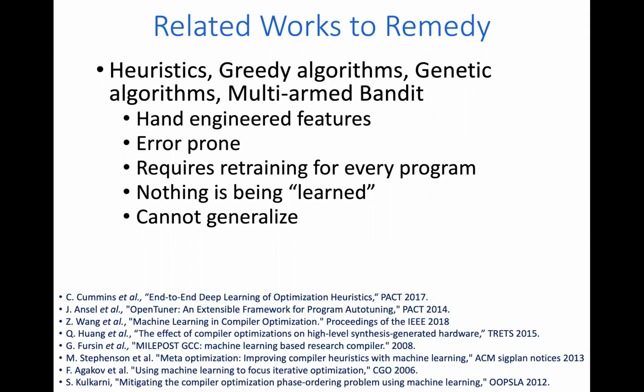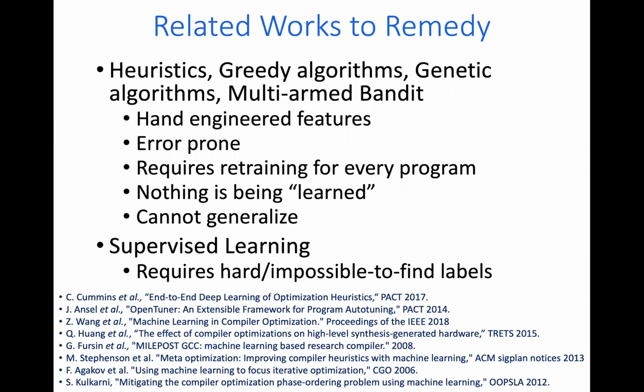And these kind of solutions are good. Sometimes they're very fast, but the disadvantage of these approaches is that they cannot really generalize. They don't really learn anything about the programs. Every time you have to rerun the search from scratch to get the performance or the optimization you want. And it's also error prone.